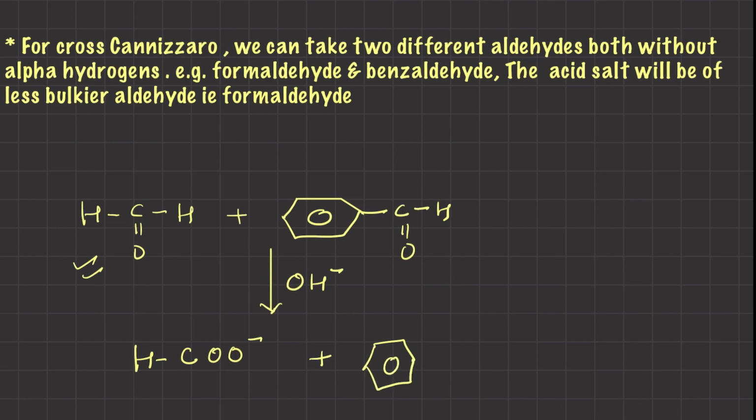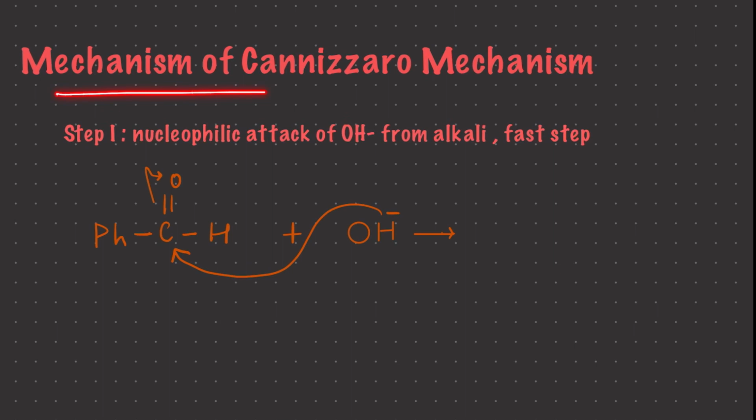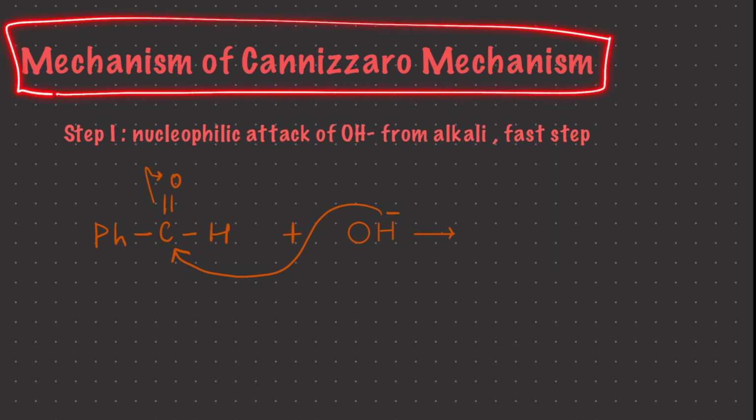Please mind it, the alcohol will not be phenol, a very commonly admitted error by most students. If you look at the number of carbon atoms, you will come to know that the number of carbon atoms has to be the same, so it is benzyl alcohol. So we get formate ions, actually we'll be getting the salt depending upon which base we have taken here, and this is going to be benzyl alcohol. Okay, so let us do the Cannizzaro mechanism.